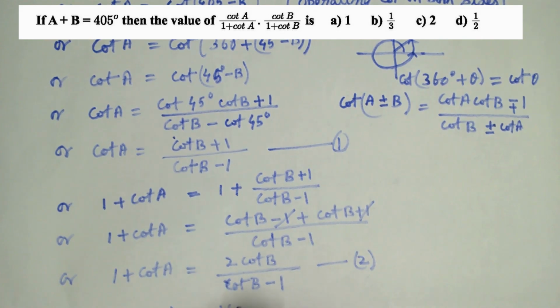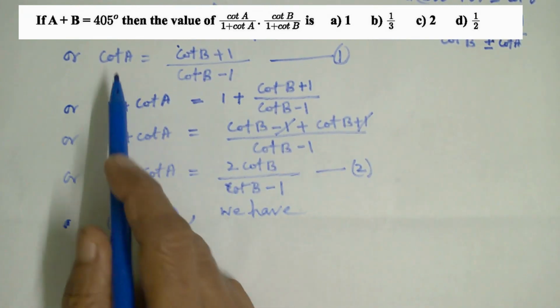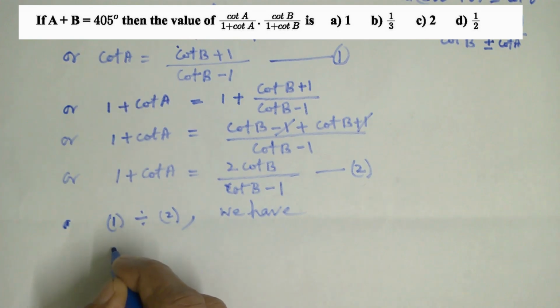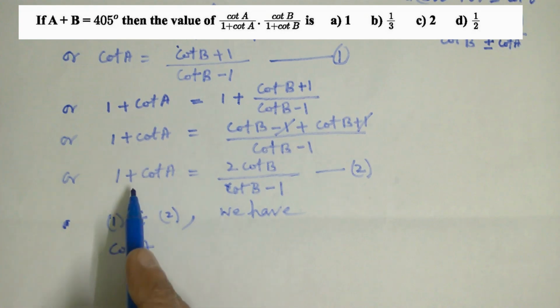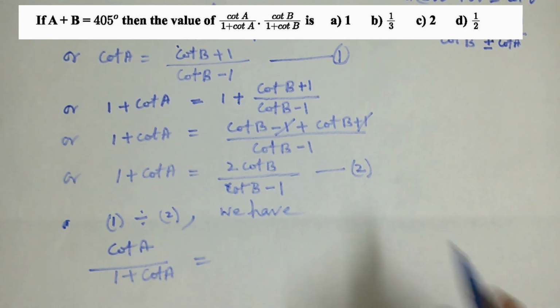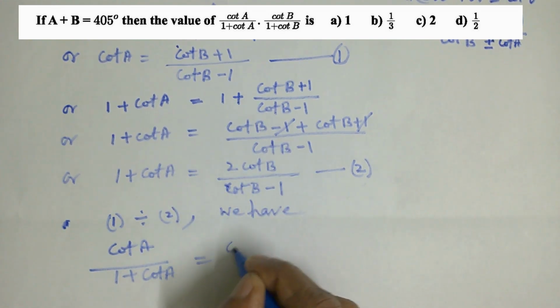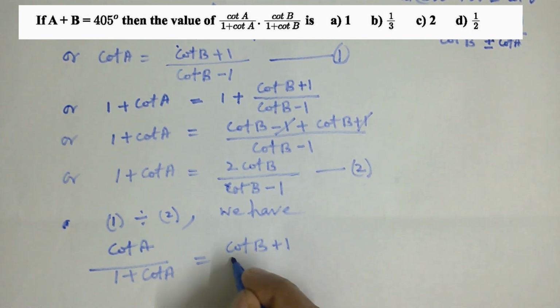What is the left hand side of 1? Cot A. What is the left hand side of 2? 1 plus cot A. What is the right hand side of 1? Cot B plus 1 by cot B minus 1.